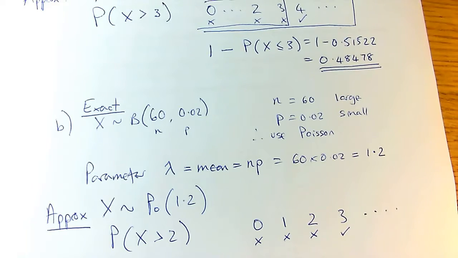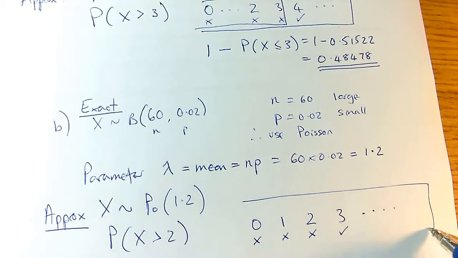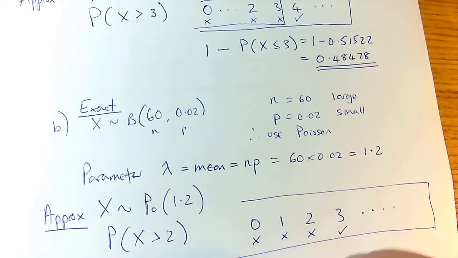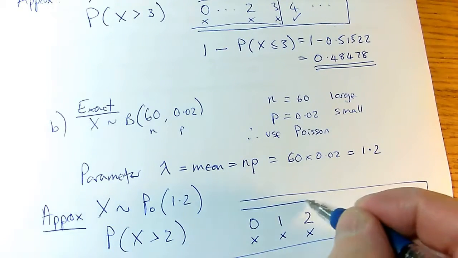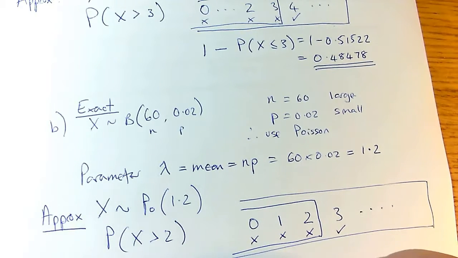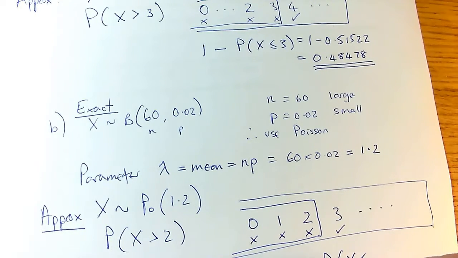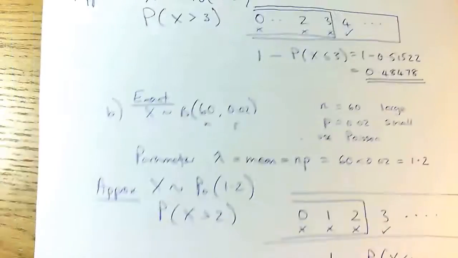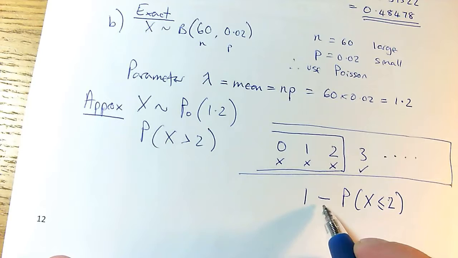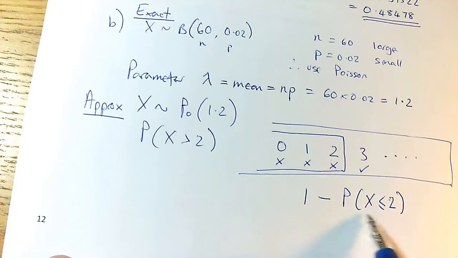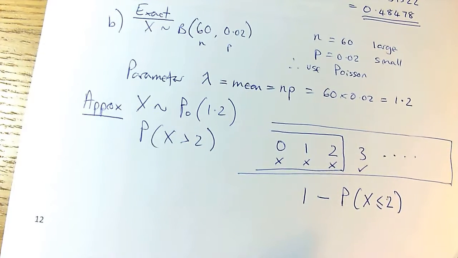I need a big box that captures all the ticks, so that's got to include everything, so it's going to be a 1 minus. The big box is all the outcomes, and then I need a small box that gets rid of the crosses I don't want, which is the probability that my X is less than or equal to 2. So big box is 1 minus the crosses that I don't want, X less than or equal to 2.